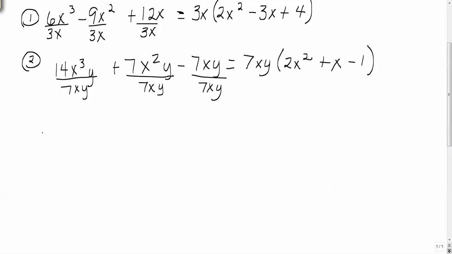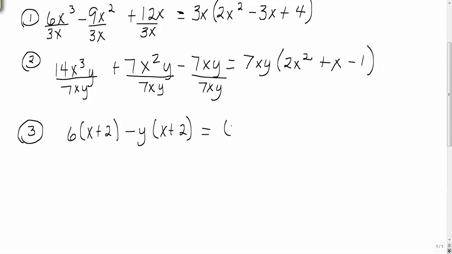Okay. Now sometimes you have a polynomial factor to factor out. Let's say you have 6 times x plus 2 minus y times x plus 2. Now on this one, the greatest common factor is x plus 2.